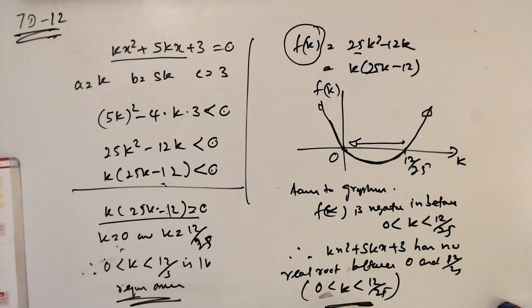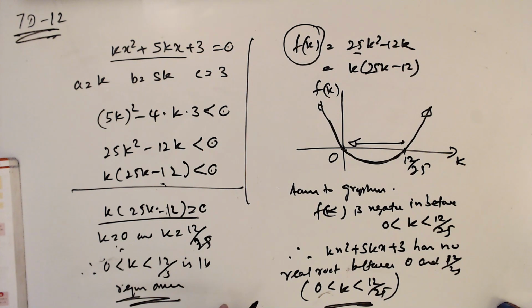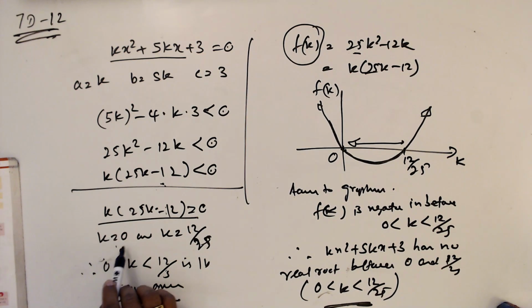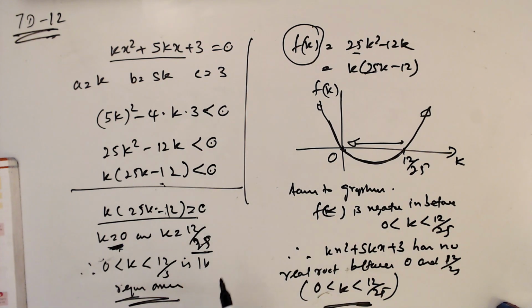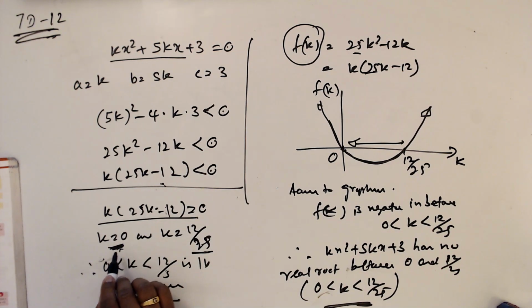Now when you have this kind of problem, we have to carefully check two things: the values of k at the end points. What will happen when k equals 0 and k equals 12 over 25?